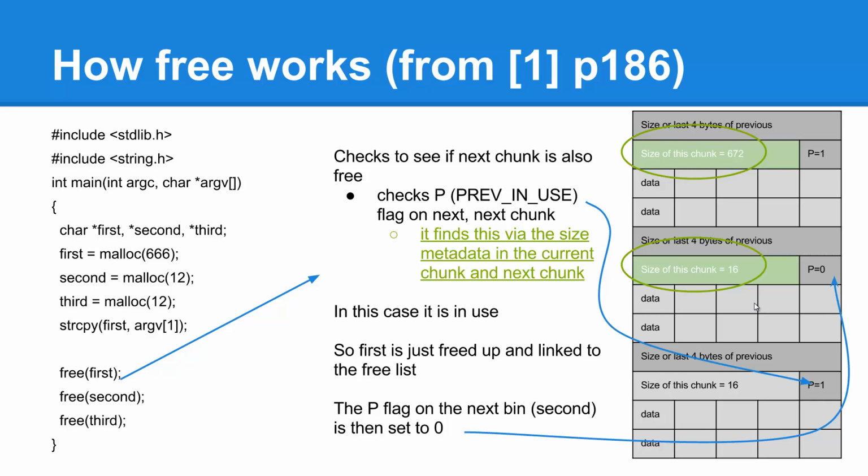It's a bit backwards. It's a stupid optimization, in my opinion. It could have been done much more elegantly, but this is how dlmalloc implemented it. That is what we're going to be targeting in this example.